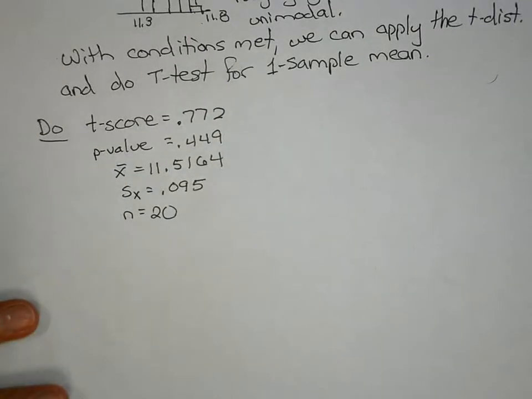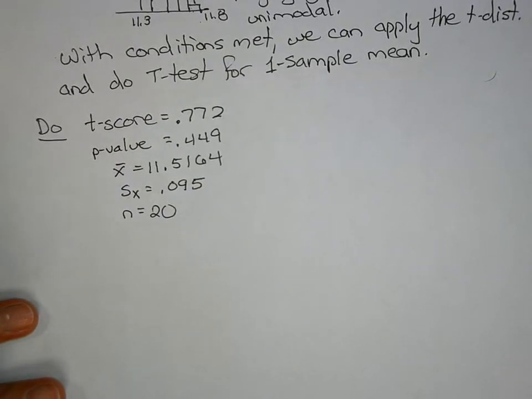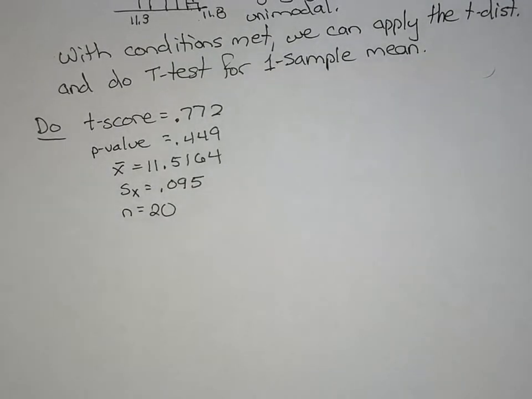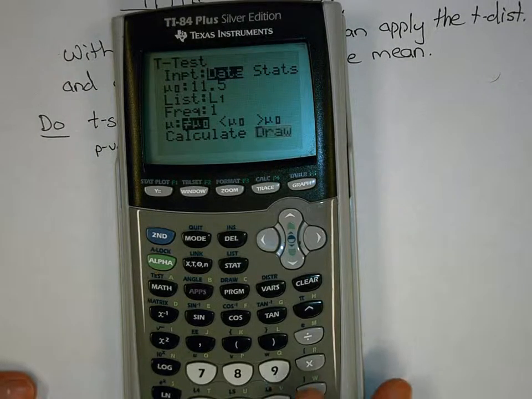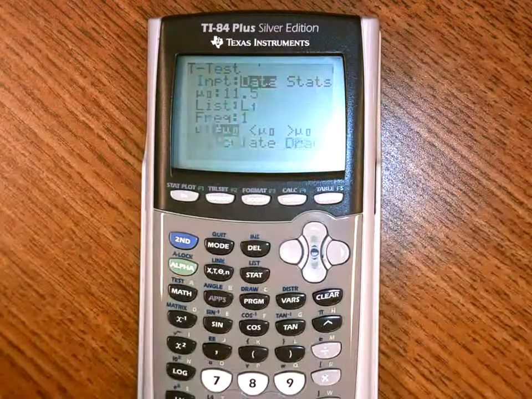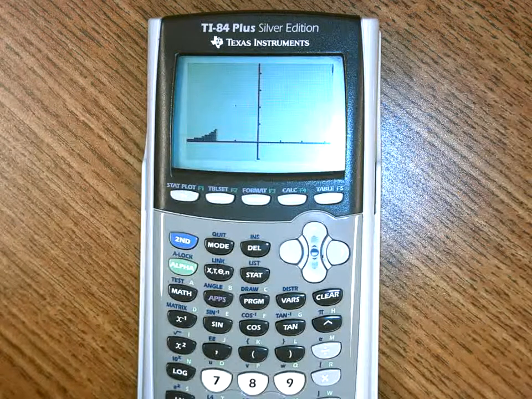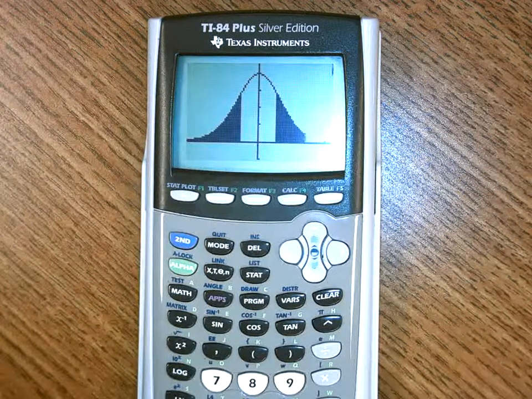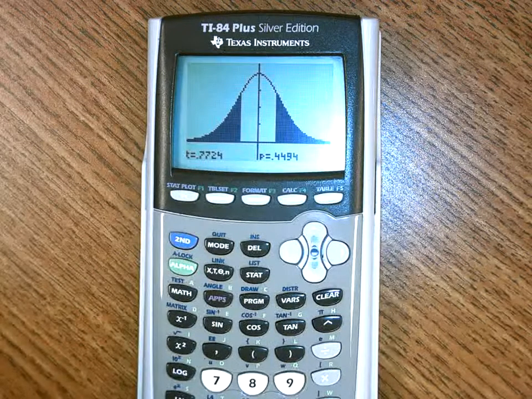And then I'm going to go ahead and do a curve as well. I'm going to go back to the t-test, and instead of calculate, I'm going to do draw. And see what it looks like real quick, because we'll see some cool shading going on. Remember, it's not equal to, so both ends of the curve are shaded.